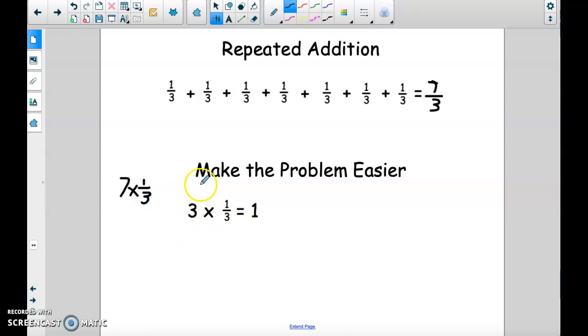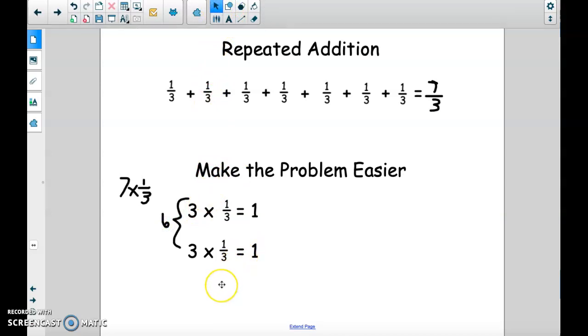So there's 3 groups of 1/3. There's another 3 groups of 1/3, right? So total, we have used 6 groups of 1/3. And then how many groups do we have left to use? That's right, 1 group. So there's our 7th group of 1/3.